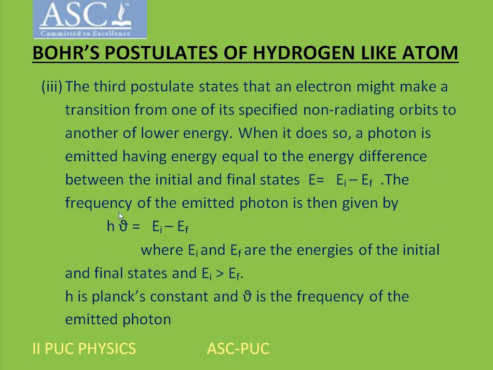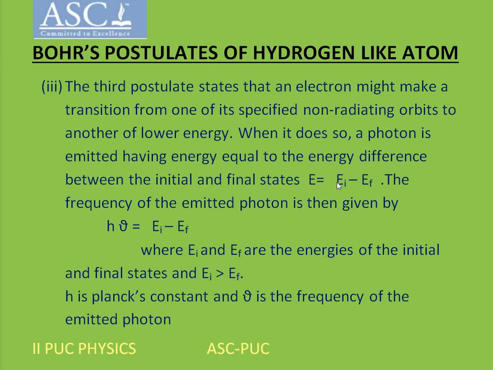Now we will move on to the third postulate made by Bohr. The third postulate states that an electron might make a transition from one of its specified non-radiating orbits to another of lower energy. When it does so, a photon is emitted having energy equal to the energy difference between the initial and final states.